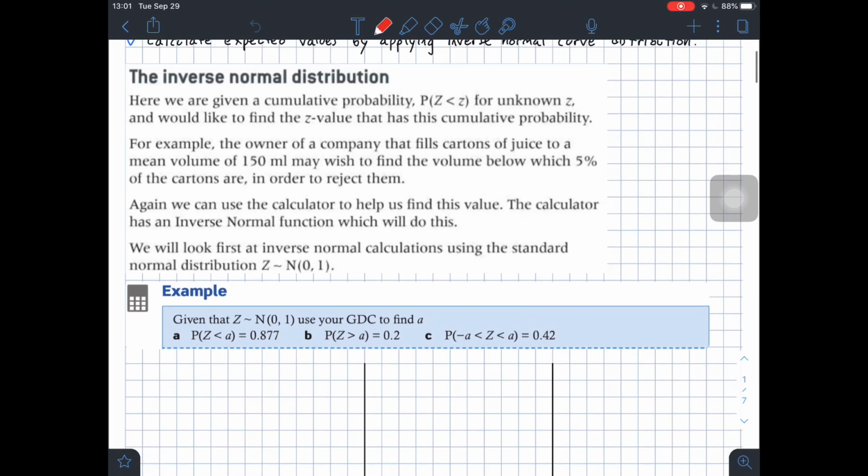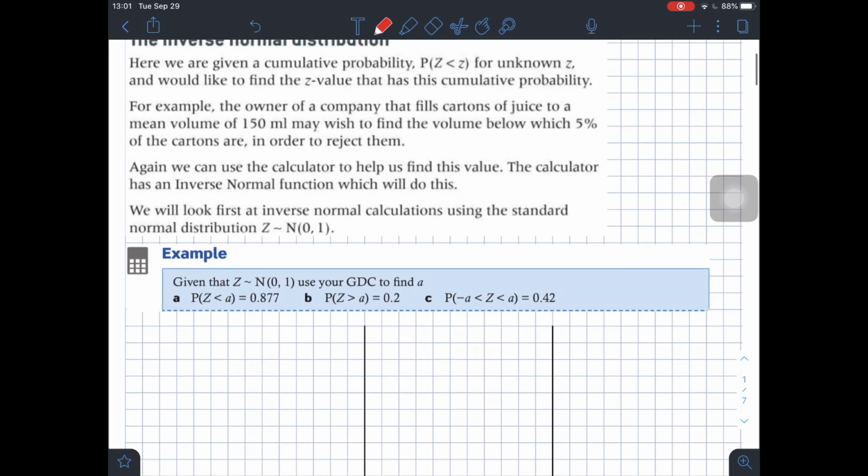It says, here we are given a cumulative probability, so we're given a probability as our data for unknown z, and would like to find the z value that has this cumulative probability. We're going to see what this means in a second through the examples. For example, the owner of a company that fills cartons of juice to a mean volume of 150 ml may wish to find the volume below 5% of the cartons are in order to reject them.